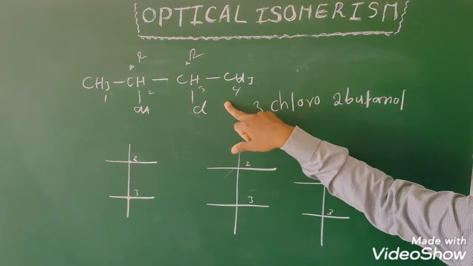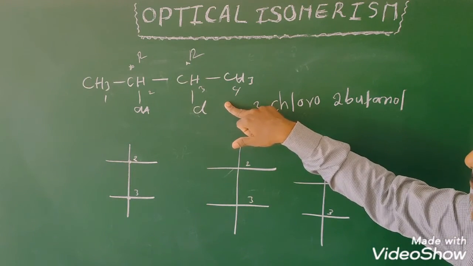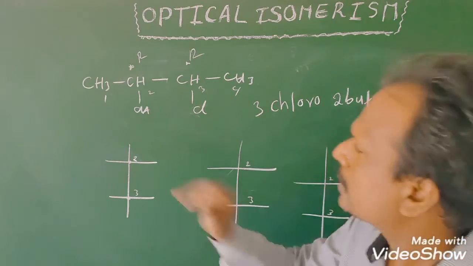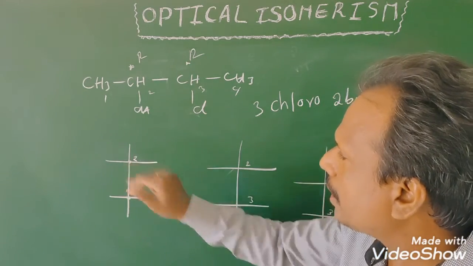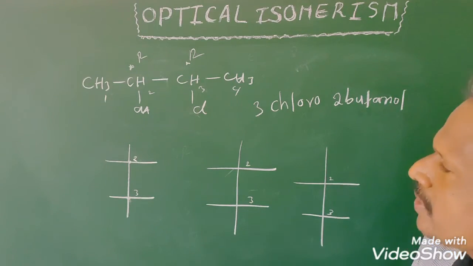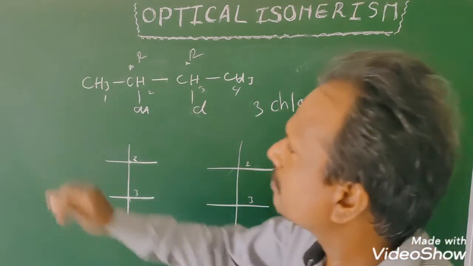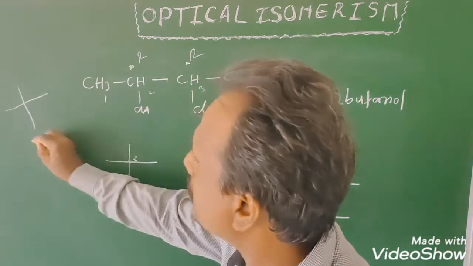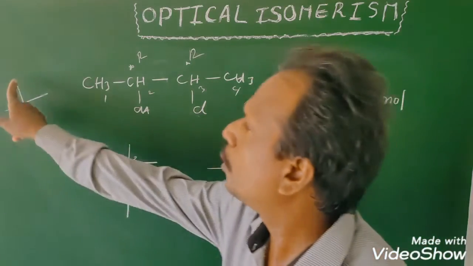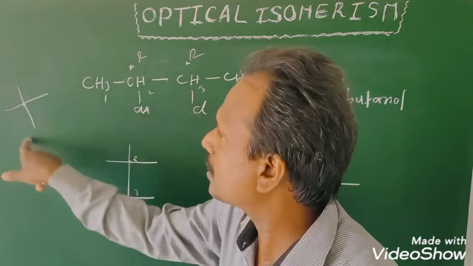This compound has 4 optical isomers. First one: this is the location of the chiral carbon, the second chiral carbon, and this is the third chiral carbon. In Fischer projection, 4 groups occupy these locations.